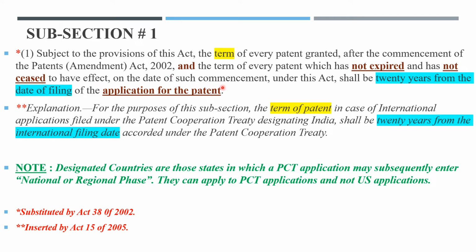Under this act shall be 20 years from the date of filing of the application for the patent. So as a whole we can say that the term of every patent granted under the act is 20 years from the date of filing, and this application can be a provisional one or a complete specification as well.